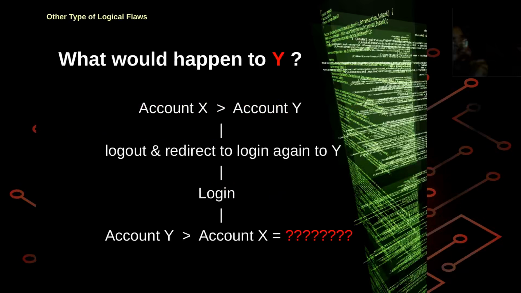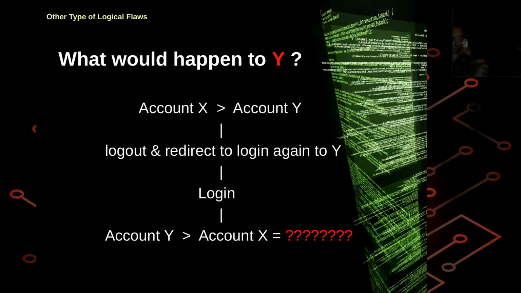So we try to intercept a request from account X and save it on our desktop, and then we open our account Y and intercept a request inside the Y account. Then we make some changes.